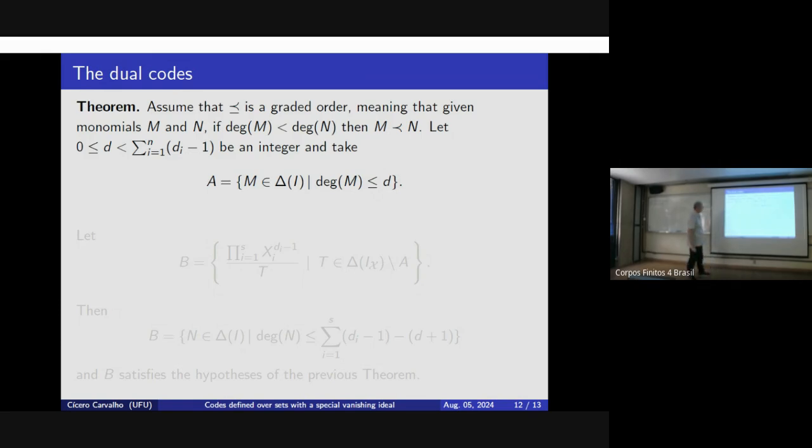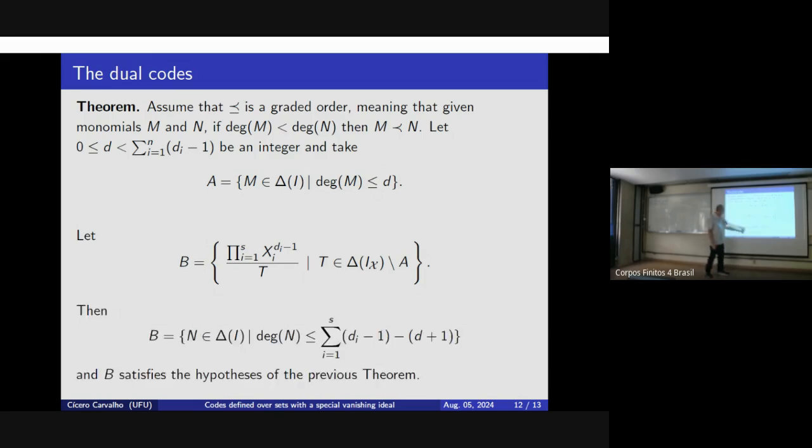Okay? Then, if you take P as this set, it will actually be a set of monomials. You can rewrite this like this, monomials which have degree up to this number. So this is just this set written.